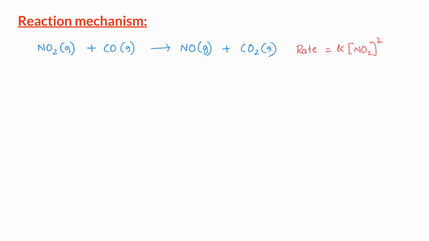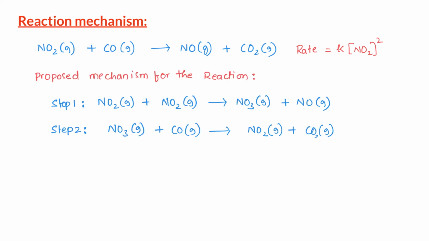Why? To answer this question, we need to understand the mechanism or the pathway of the reaction. It has been proposed that this reaction proceeds in the following mechanism. In the first step, a nitrogen dioxide gas molecule reacts with another nitrogen dioxide gas molecule to form nitrogen trioxide gas and nitrogen monoxide gas.